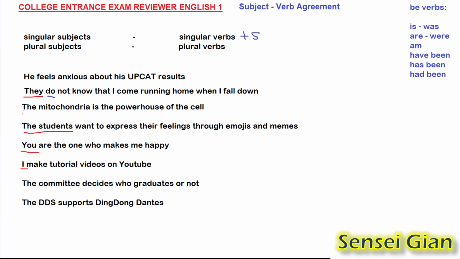So we'll have here do. Do is actually a plural verb. If you are asking what's the singular form of do, if your plural form here is do, your singular form of the verb is does.